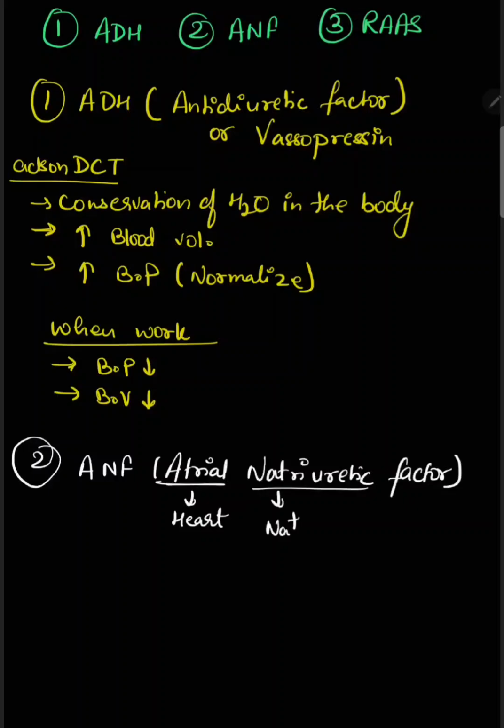So what happens is, when the blood pressure is too high, then this works because it is natriuretic. In urine you have to eliminate natrium, that is sodium. Heart makes this factor so as to eliminate a large amount of sodium.